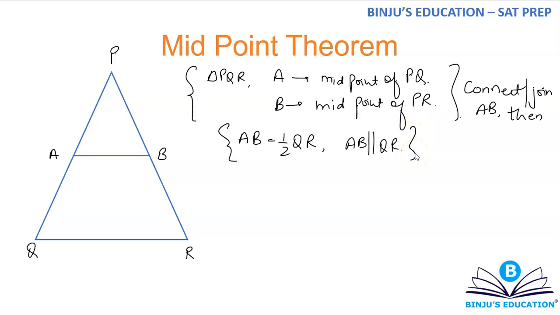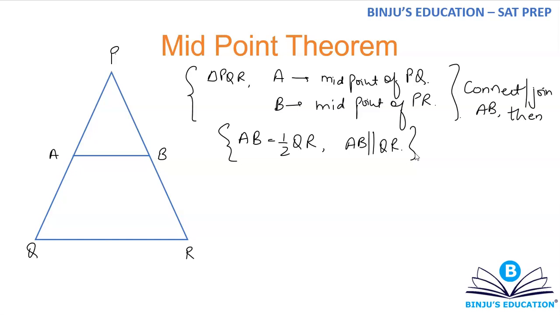The generalized statement of this theorem is: if in a triangle you take the midpoints of two sides and connect them, then the line segment joining the two midpoints will be half of the third side and parallel to the third side. This is the generalized statement of the midpoint theorem.